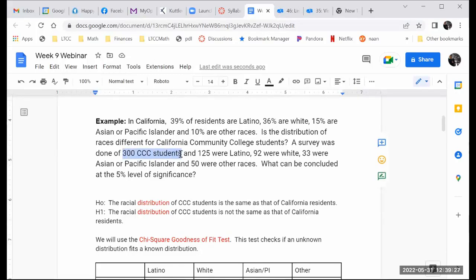If H naught is correct, if the racial distribution of California community college students is the same as that of California residents, then we would expect that 39% of those 300 students should be Latino. Any questions on that rationale?